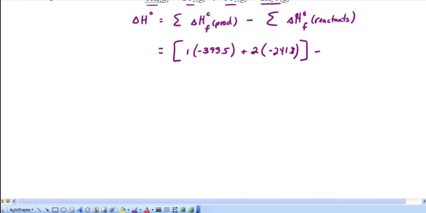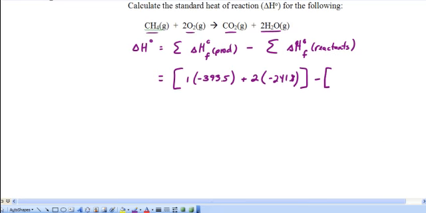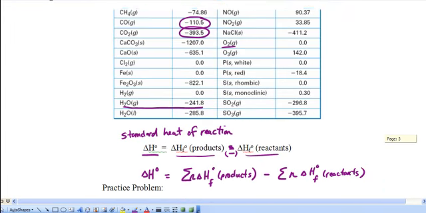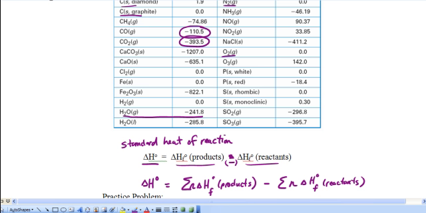Now we're going to have to subtract from that all of the reactants. Okay? Well, you have methane, which is CH4 gas. Let's go ahead and take a look at CH4. CH4 is right there, and it's a negative 74.86.